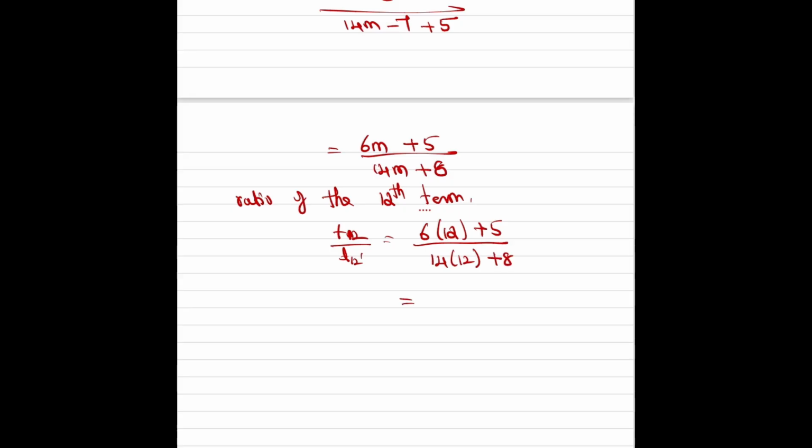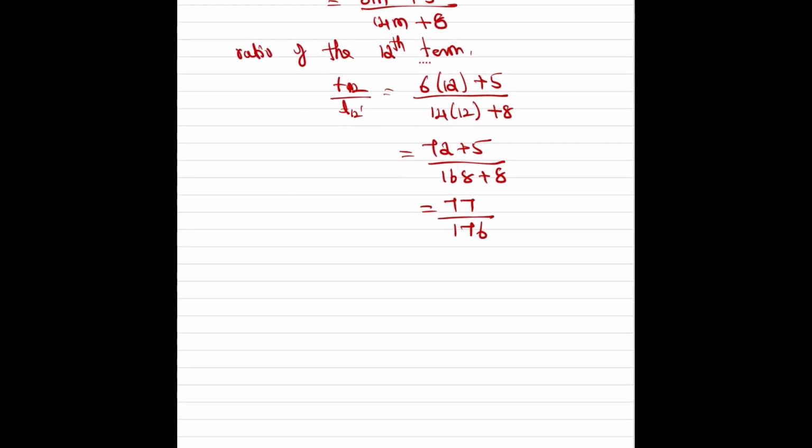That is 6 into 12 is 72 plus 5, by 14 into 12 is 168 plus 8. So 77 by 176. I am going to divide both the numerator and denominator by 11. So 7 by 16. So the ratio of the 12th term is 7:16.